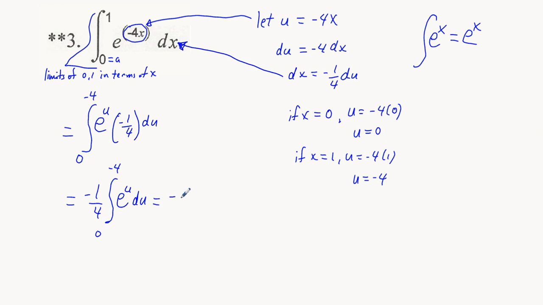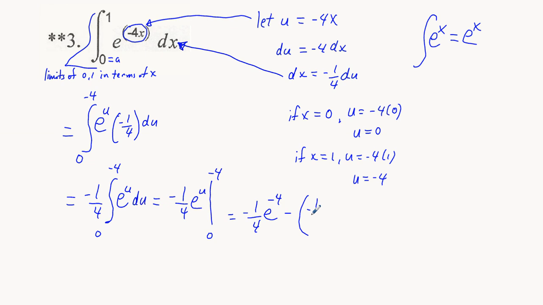So we have negative 1/4 e to the u between 0 and negative 4. And continuing to work to the right, we have negative 1/4 e to the negative 4 power, and we're going to subtract out.